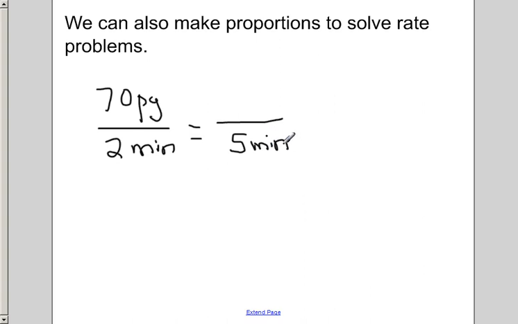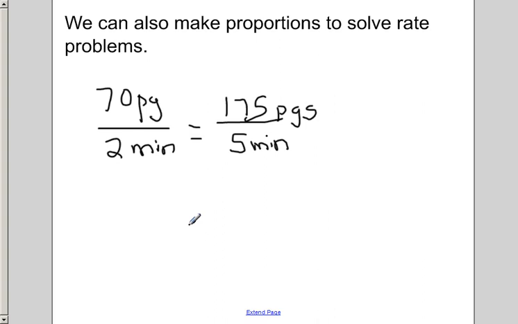And we found through solving the problem that it was 175 pages. So this is an example of a proportion. This is our original rate, and this is our equivalent rate. So these proportions or these rates are equivalent. This number model is an example of a proportion.